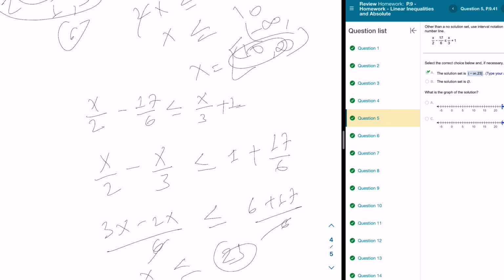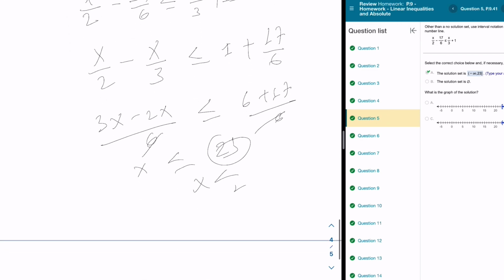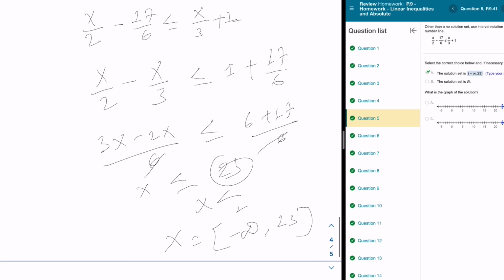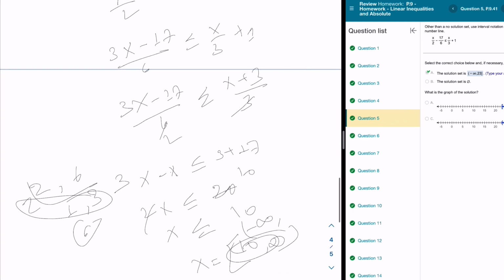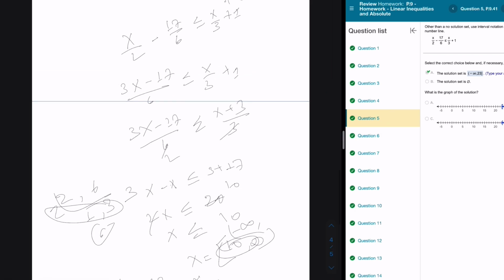So our answer is x in minus infinity to 23. Yes, we got it right here, but what was the mistake in the earlier attempt? Let's figure out what mistake we made.